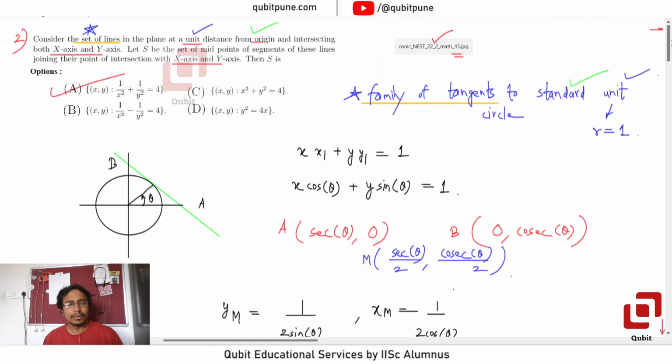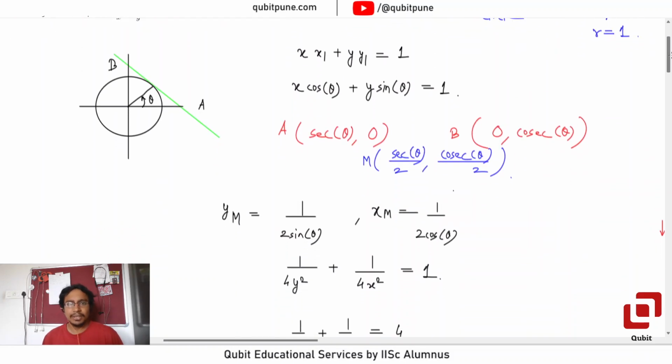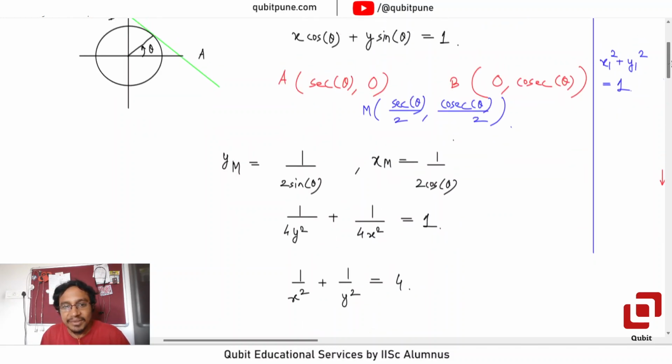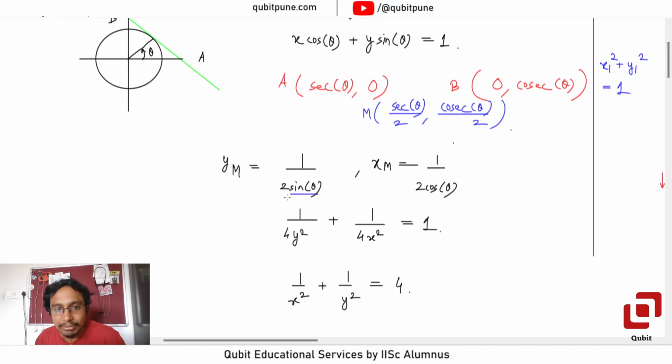What would have been the issue if we had used x x1 plus y y1 is equal to 1? No issues. All you have to do is this. After all, we are eventually coming back to cos squared theta plus sin squared theta equal to 1, isn't it? So even if we had not used cos theta and sin theta, at the end what we have basically made use of is sin squared theta plus cos squared theta equals 1, correct?